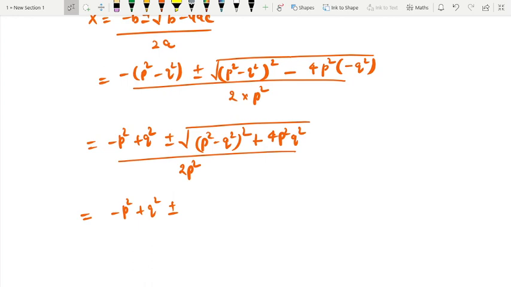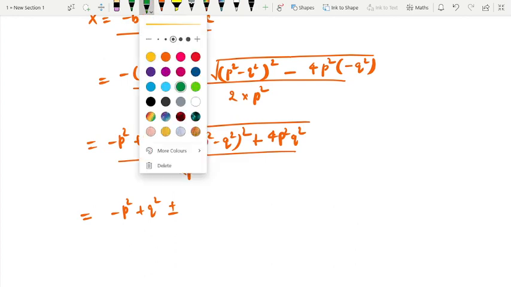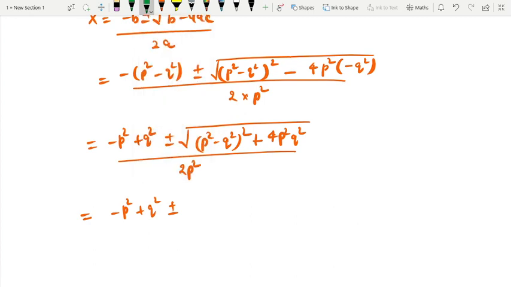Guys, we know the formula, just see this very carefully. a minus b whole square plus 4ab is equal to a plus b whole square, isn't it?